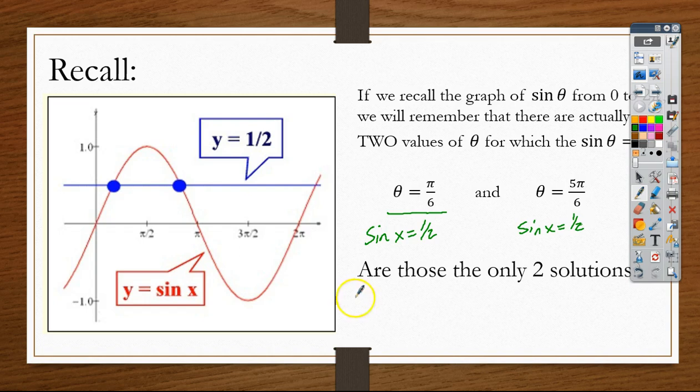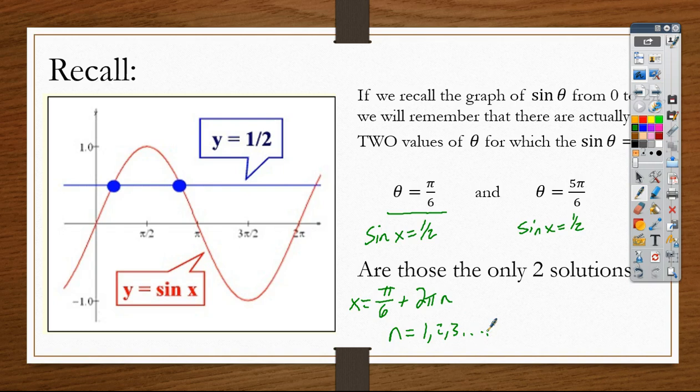No, no, no. You're going to have x is equal to pi over 6 plus 2 pi n. Well, what's n? n is any number, 1, 2, 3, any number of circles. It happens every time.